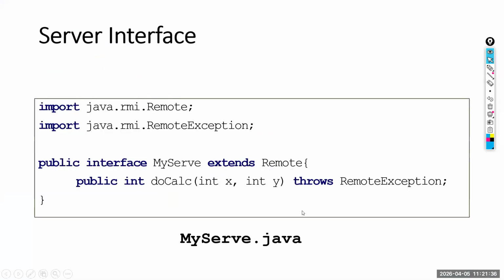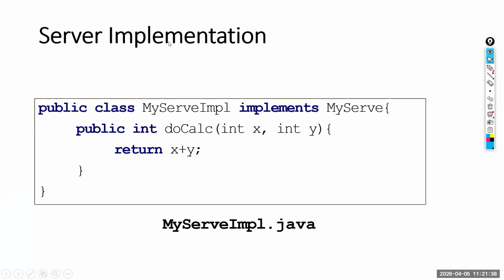Right. So then you need to implement it. This is your interface, and this is the method that you are promising in the interface, saying that I am going to implement this. So now you need to implement it. In my case, I'm just giving the sum, because any complicated thing you can do here.